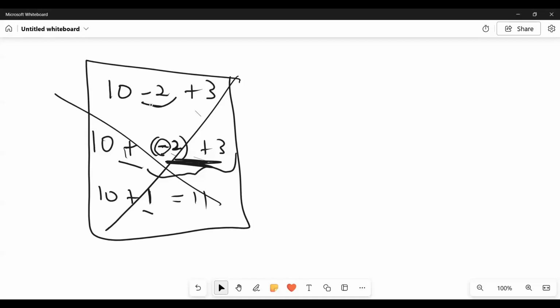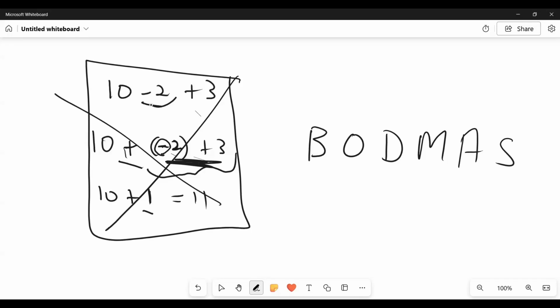So with that now, we can do any problem that involves the order of arithmetic operations, right? So remember the little memory aid, BODMAS, right? It's an acronym, a mnemonic. A mnemonic is a memory aid, right?